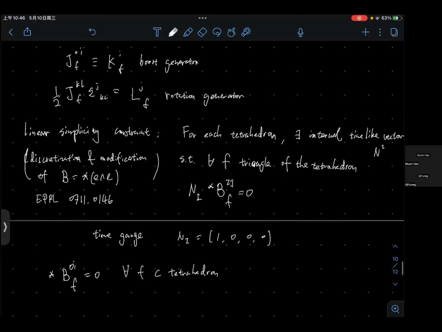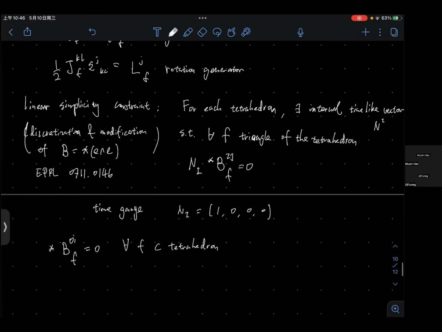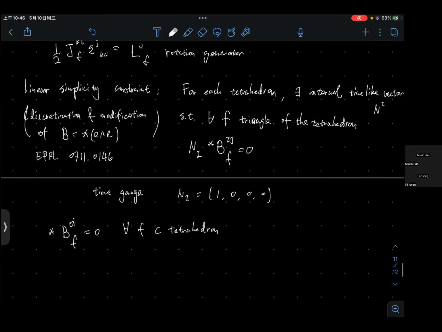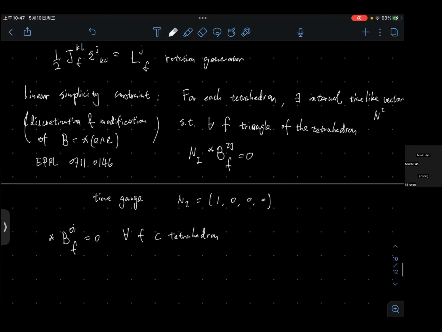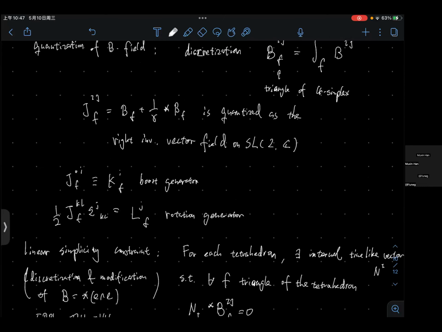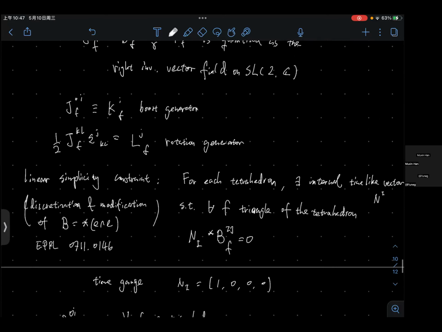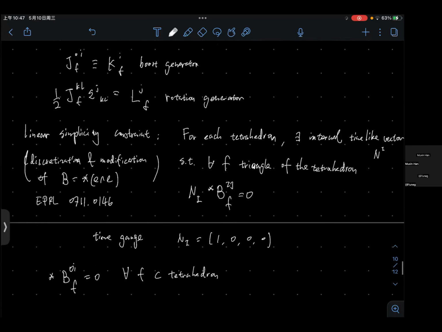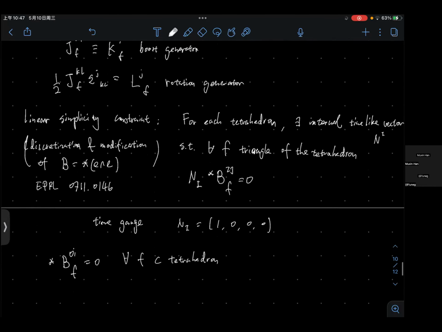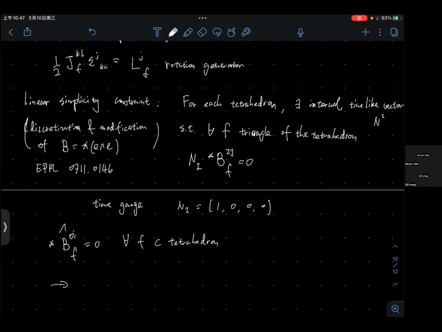Okay, so now this B field is already quantized. The J field is quantized as a right invariant vector field, and then the B field is just a twist of J. You can write it explicitly in terms of L and K, in terms of right invariant vector fields, by quantizing this equation, and this gives you the quantum equation. Let's put a quotation mark.